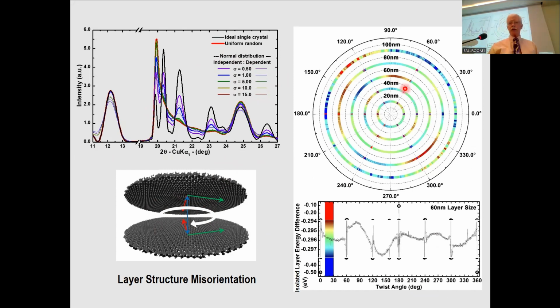And you can see, interestingly, that red is bad and blue is good on this curve here and here. And you can see that there are certain types of rotational disorder that are favorable and certain types that are very unfavorable.